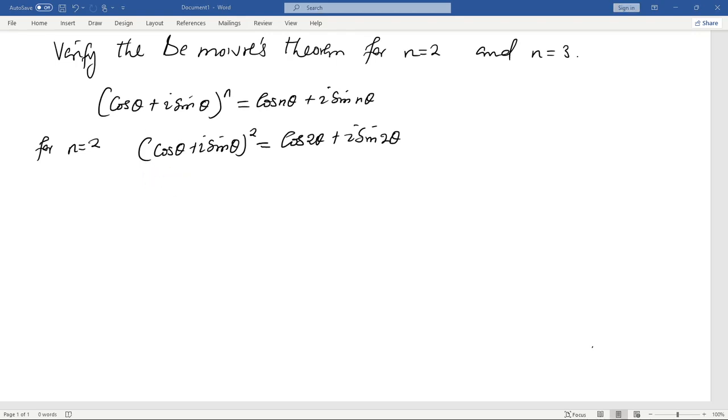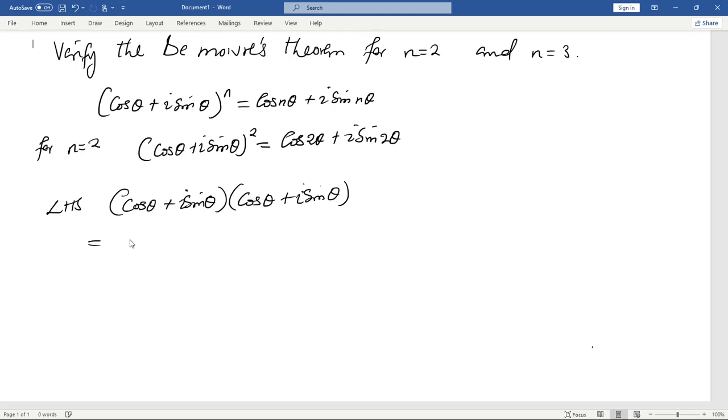Here we can just expand this. So we have cos theta plus i sin theta multiplied by cos theta plus i sin theta, so that it should be equal to the right hand side.